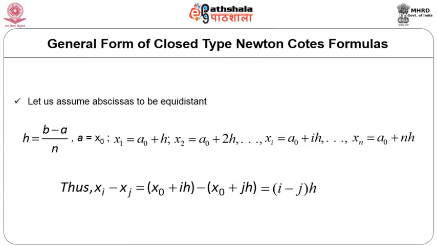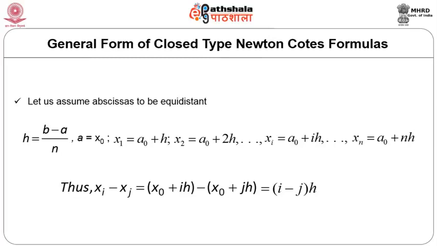Now for convenience, let us assume the points are equidistant, and in this case x0 is a0, x1 is a0 plus h, x2 is a0 plus 2h, and so on, xi is a0 plus ih, xn is a0 plus nh.